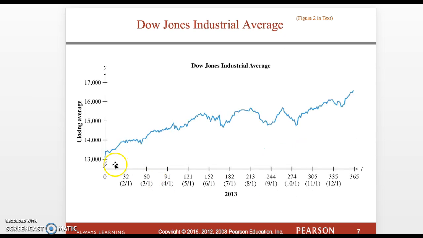In a graph like this, it's a little bit trickier. Your domain values, since we're continuous, looks like we have 0 through 365, whole year. But then for our range values, notice we have a break in our graph, and it looks like to me it maybe starts about 13,100.